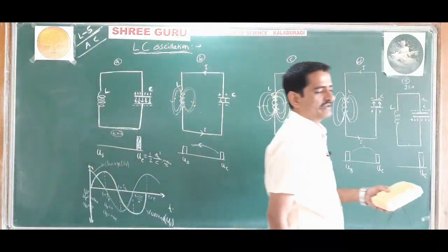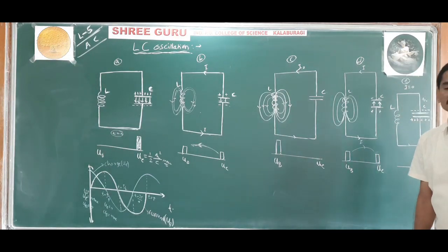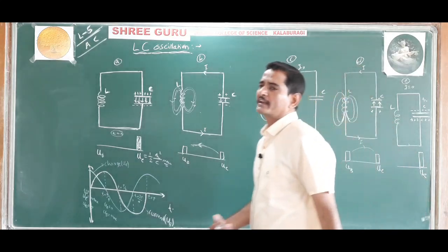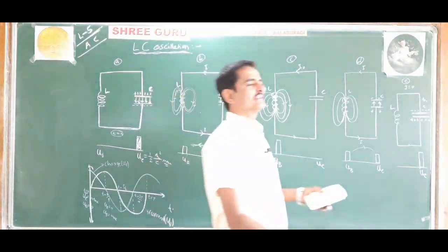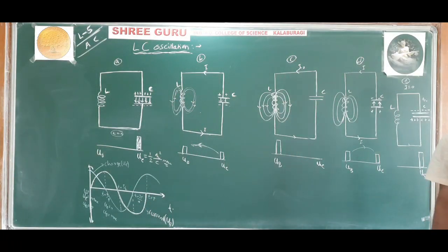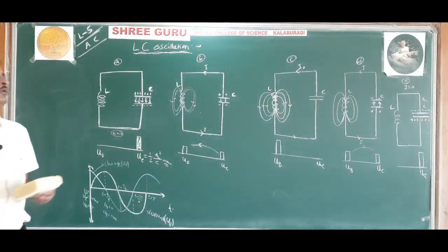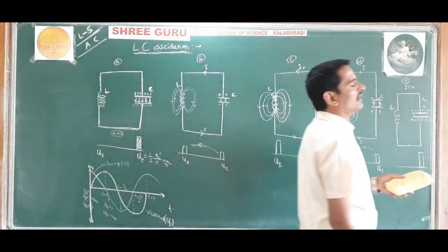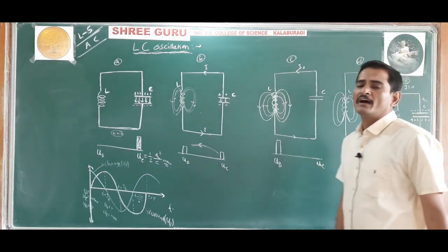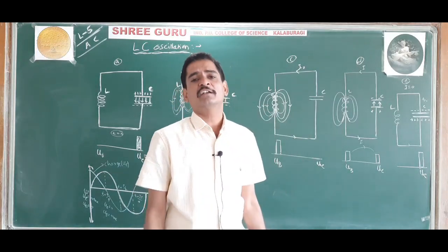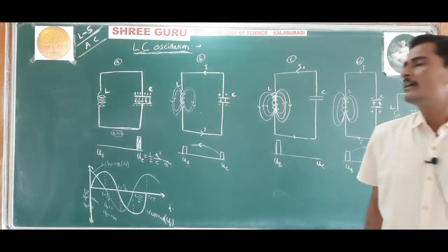These oscillations are called LC oscillations. Once again, when a fully charged capacitor is allowed to discharge through a non-resistive inductor, the electrical oscillations of constant amplitude and frequency are produced. These oscillations are called LC oscillations.